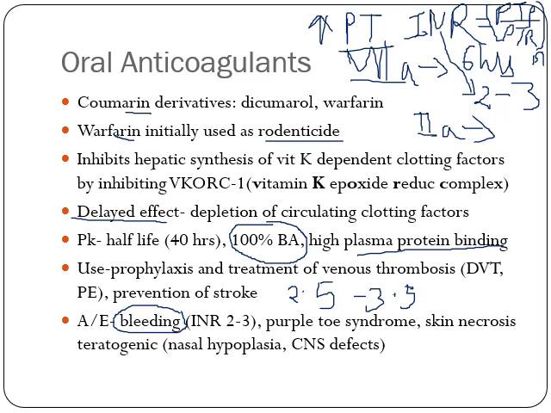This purple toe syndrome is due to the lysis of emboli that can lead to cholesterol embolism. So there can be lysis of thrombus that can lead to generation of cholesterol, and that cholesterol can cause embolism. So purple toe syndrome is attributed to that.